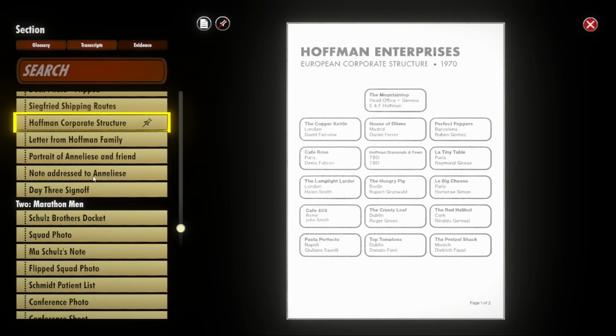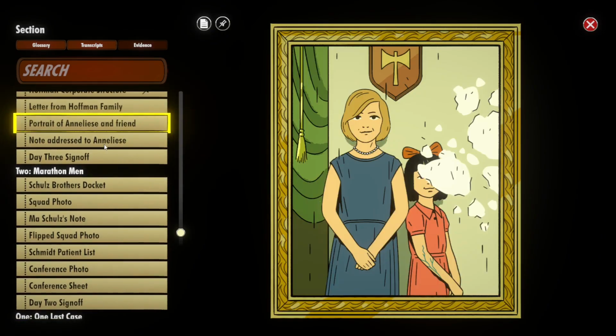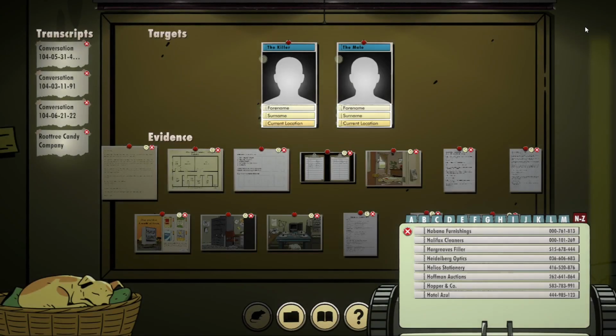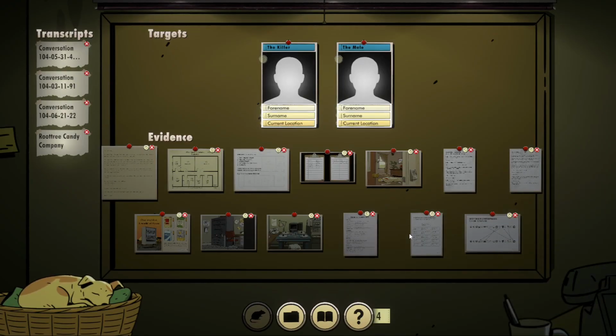It didn't look like they're doing gambling. Okay. Mine Palace. Mine Palace.